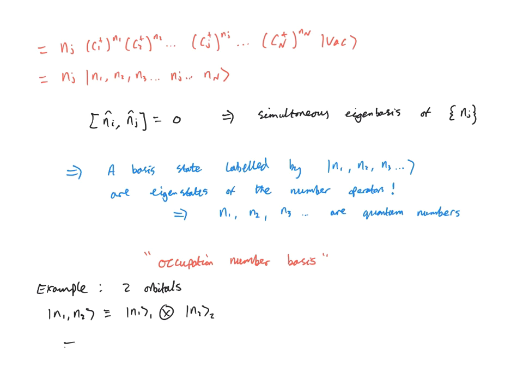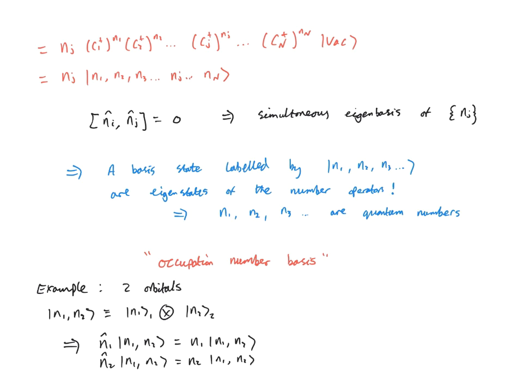I can act on this thing with n1 hat, and I will just get the number of electrons in n1 back again. But I can also act on this state with n2, and I just get n2 times the state back again.